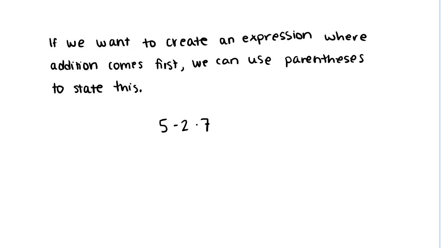But if we wanted to state that the subtraction should come first, we can use parentheses to do this. Just like we said earlier, parentheses tell us what we should compute first. And so if I wrap the 5 minus 2 in parentheses, that tells us this subtraction comes before the multiplication, just because it's wrapped in parentheses.